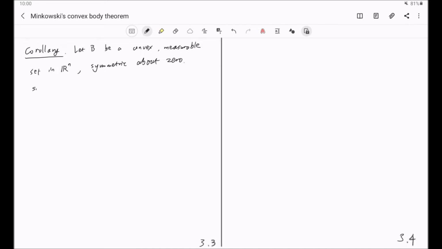Suppose either the measure of B is greater than 2^n, or the measure of B is equal to 2 raised to the power n, and B is compact.